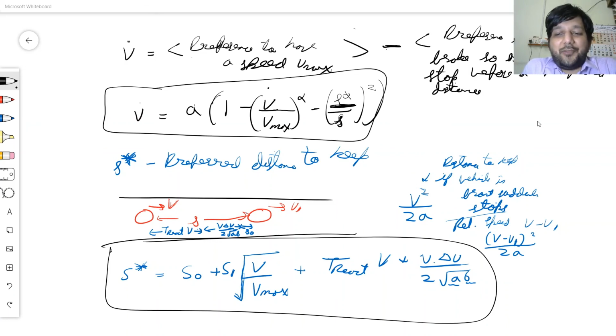So we've already accounted for the fact that the larger the distance, the more the speed, and vice versa. We've also said that without a vehicle in front, I'll accelerate and reach Vmax. If there's a vehicle in front, the nearer it is, the lower I reduce my speed.